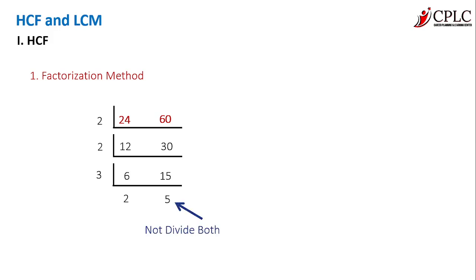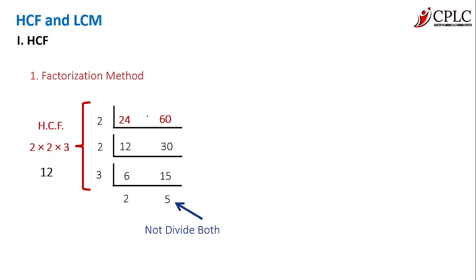And whatever factors we have taken out common on the left side, we have to multiply them all. So 2 into 2 into 3 gives you the same answer, which is 12. So 12 is the HCF of 24 and 60, and this is the way to calculate that using the factorization method.